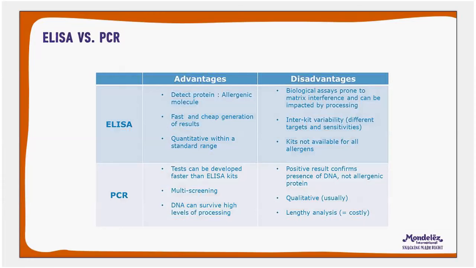So, for example, you can look for multiple tree nuts from one extracted sample, which can make that part of it a little bit cheaper. DNA can often survive higher levels of processing, which can be an advantage, but can also sometimes be a disadvantage because a positive result confirms the presence of DNA, but not allergenic protein, and that is something to be very aware of.